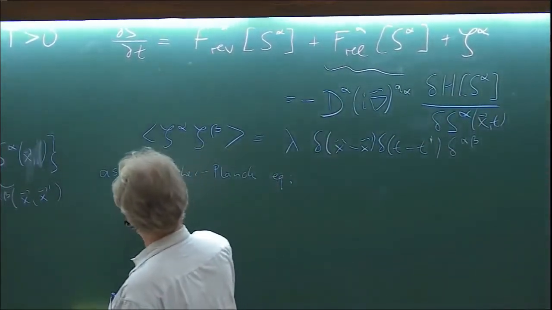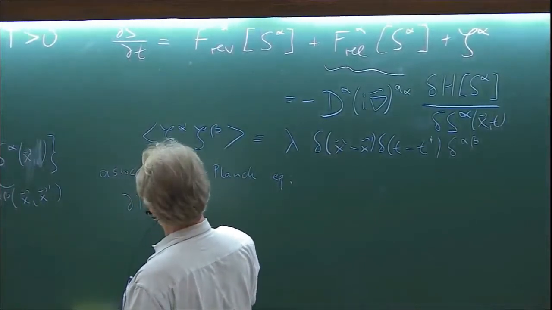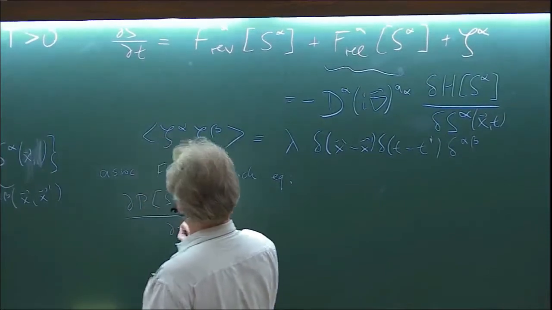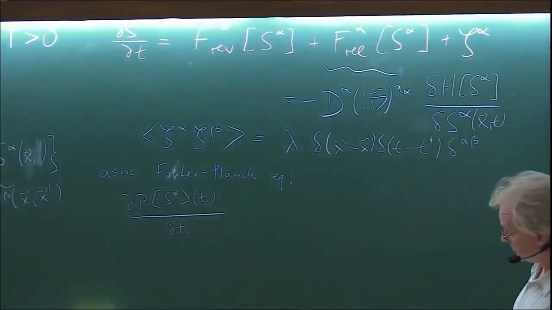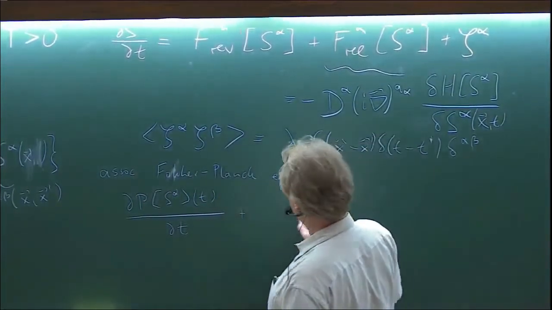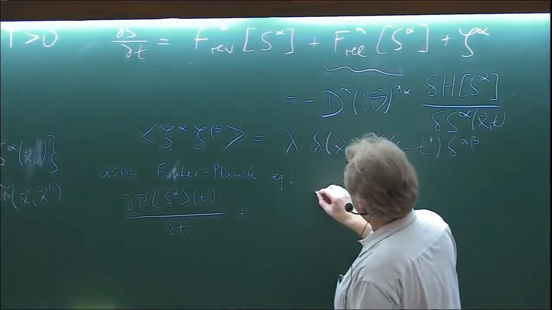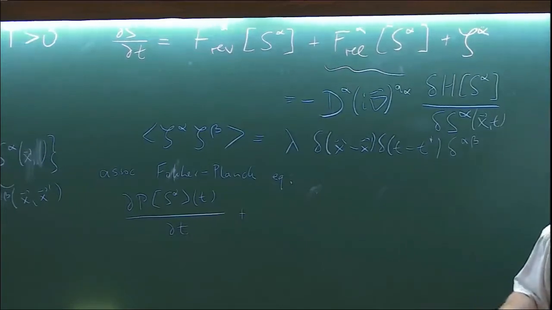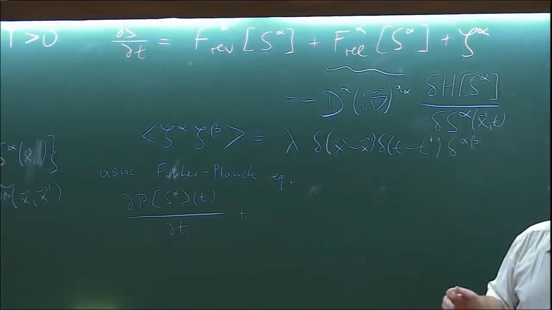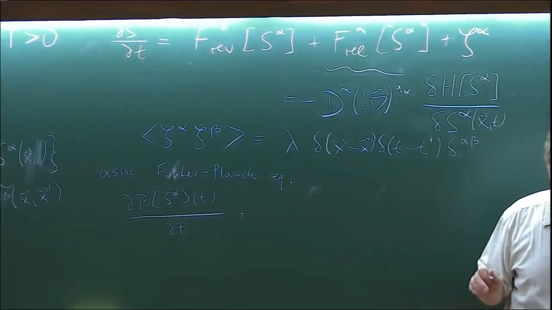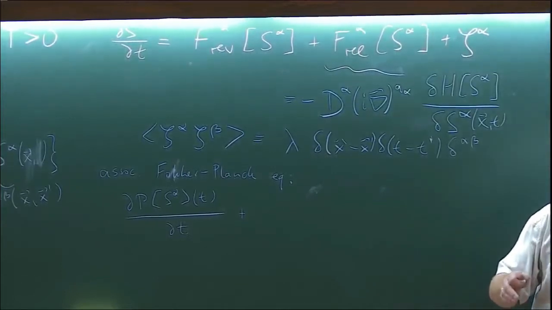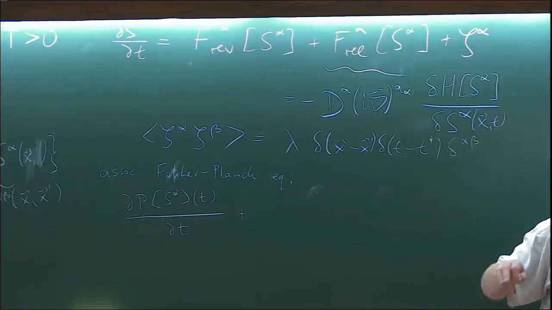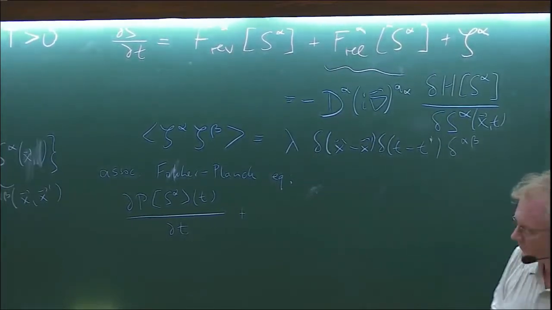So the Fokker-Planck equation always takes the form of a continuity equation, right? So I take the change of the probability distribution, and that needs to be balanced by a divergence of a probability current. Let me write down the divergence of the probability current in the space of our dynamical variables. It's not a divergence in space x. It's a divergence in the space of dynamical variables.